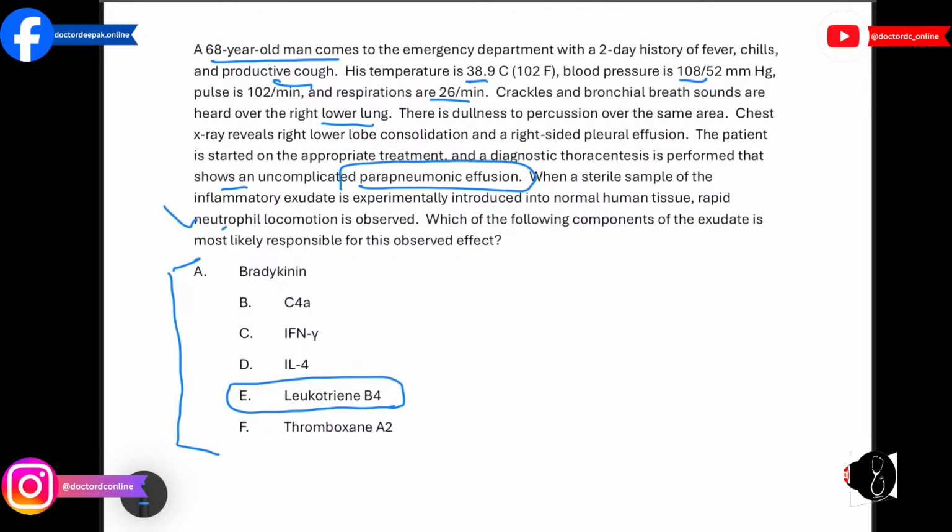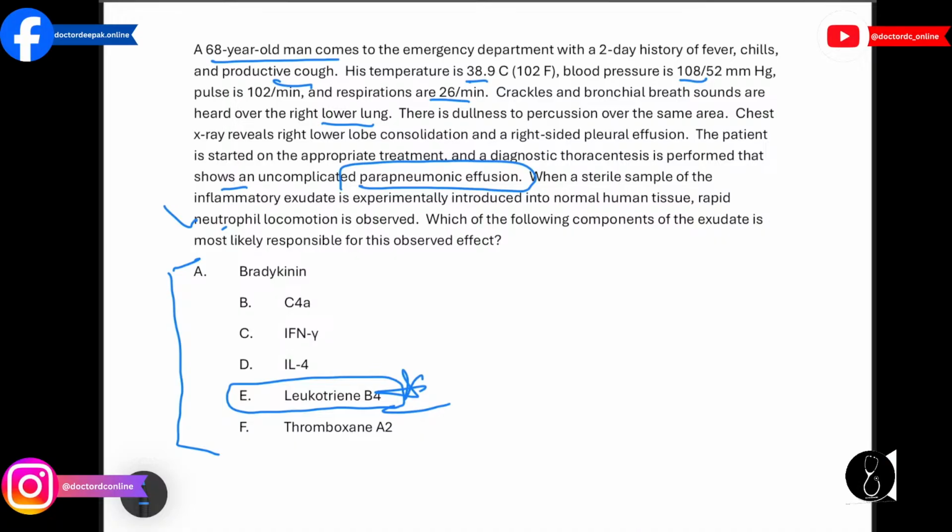Infection and other forms of inflammatory tissue injury cause increase in vascular permeability, leading to the formation of protein-rich exudates that contain a variety of biologically active substances. Under the influence of inflammatory stimuli, cell membrane phospholipids release arachidonic acid, a precursor to the inflammatory mediators like prostaglandin, leukotriene, and lipoxin. The most potent chemotactic cytokine is leukotriene B4.